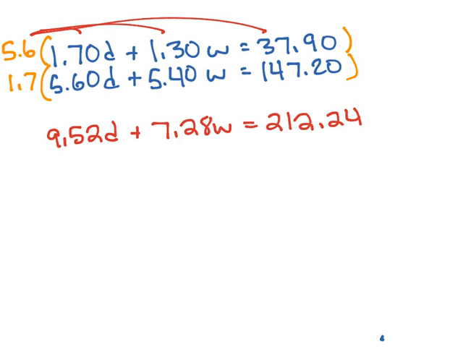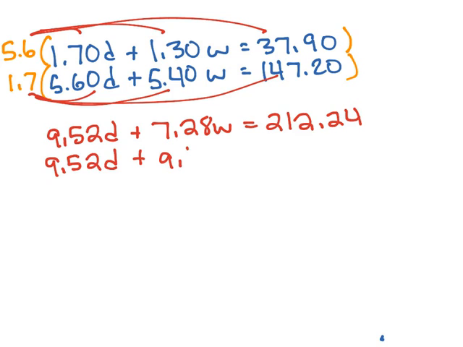When we multiply 1.7 times the second line, we'll end up with 9.52D plus 9.18W equal to 250.24. So, by multiplying by the opposite values, we've created the same coefficient on the D variable.